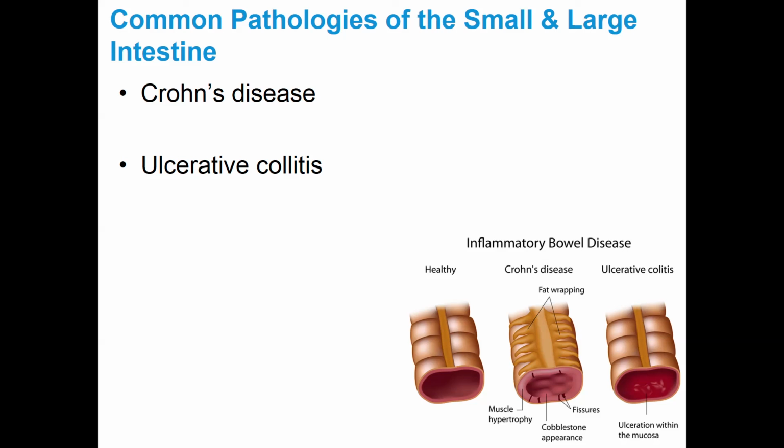So it typically affects the ileum, so that last part of the small intestine, or the colon, any part of it, but it could be anywhere in the gastrointestinal tract, but most commonly it's somewhere in the large intestine. So typical treatments for that include things like immune suppressors, antibiotics, and antidiarrheals.